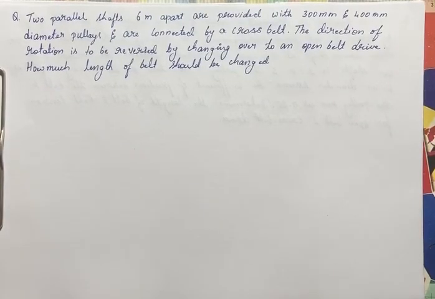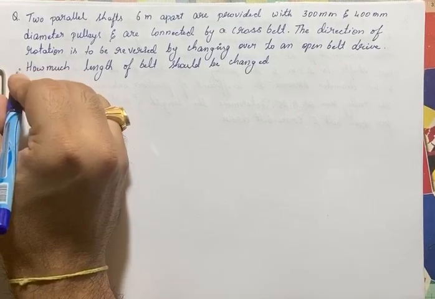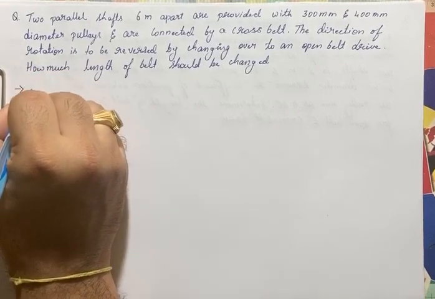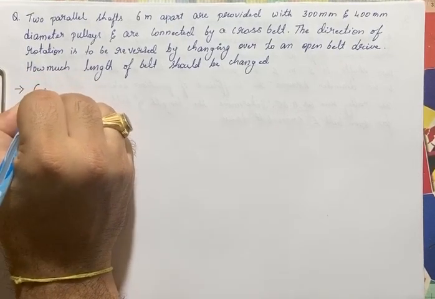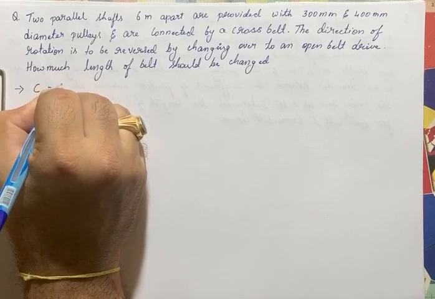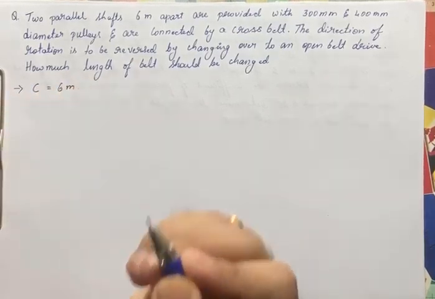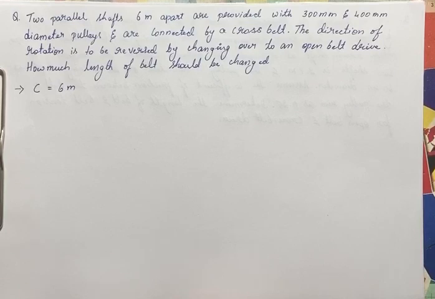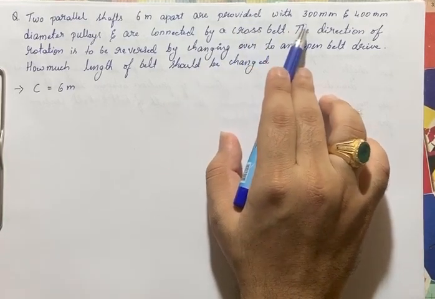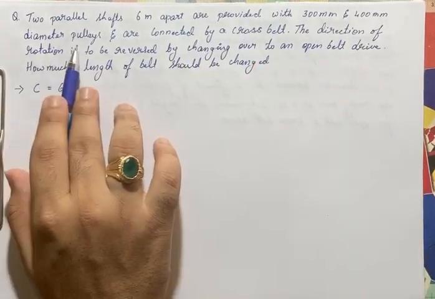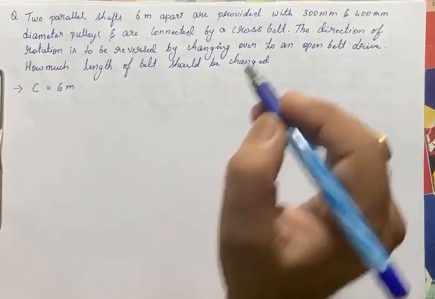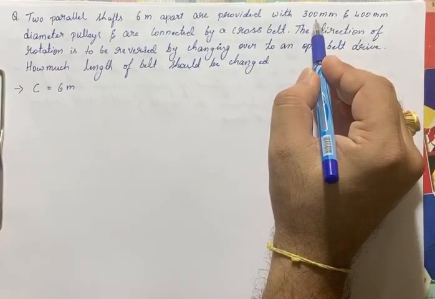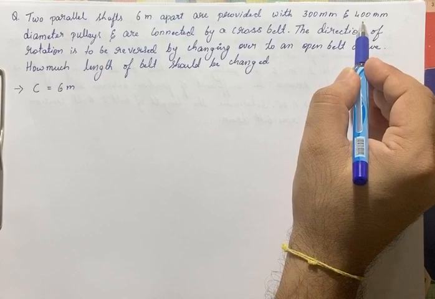Now here he has given two parallel shafts are 6 meter apart. 6 meter is the center distance, C is equal to 6 meter, the distance between the centers of the shafts. They are provided with 300 mm and 400 mm diameter pulleys. Which one do I need to take? Is 300 mm D1 or 400 mm D1?